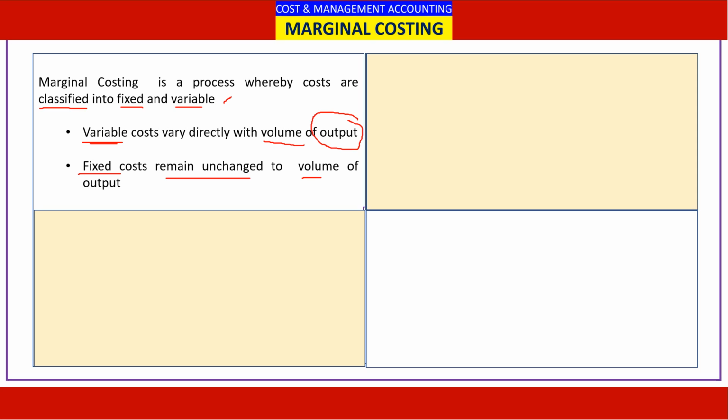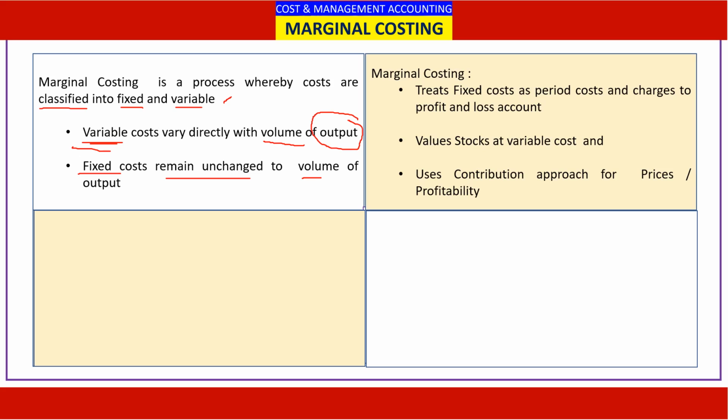In such an event, have the classification done properly, then what does it do? It treats fixed cost as period costs. Period costs means one which is related to time. Rent of a building. And it says fixed costs should not enter into decision making.